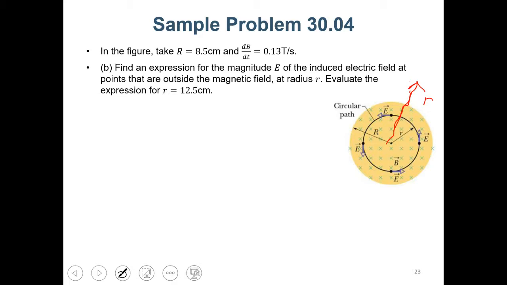So in this case, d phi B/dt will be 0.13 pi R squared.